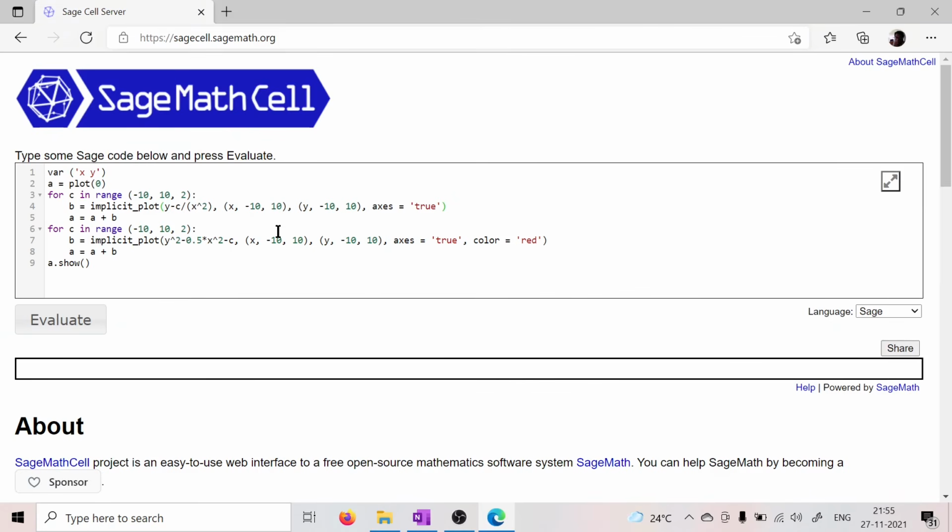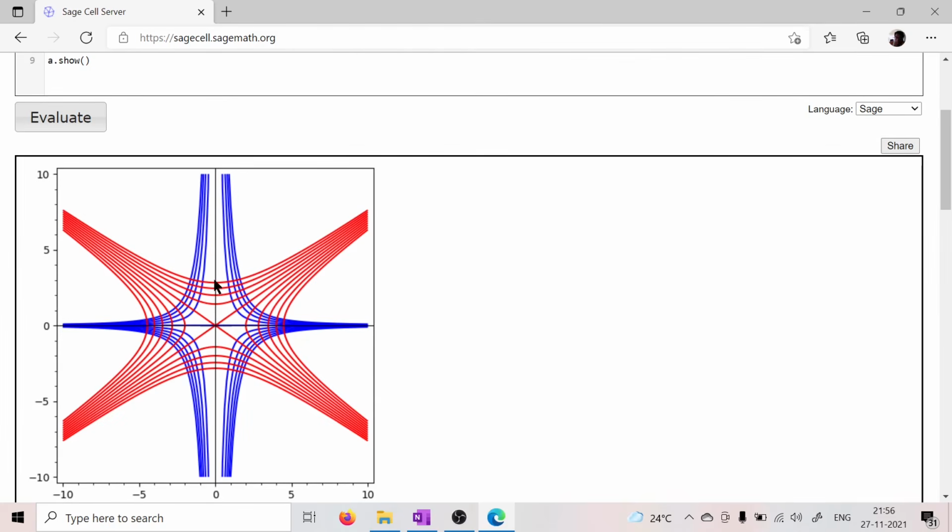This program will plot the family of curves corresponding to the given equation, which is y minus c by x square equal to 0, and its orthogonal trajectories, which we found to be y square minus half x square minus c equal to 0. The blue lines are the graphs of the family of curves corresponding to the given equation, which is y equal to c by x square, and the red lines are its orthogonal trajectories.